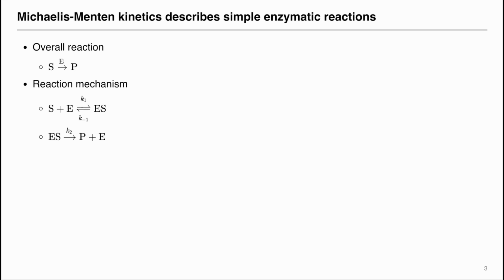We can generalize this by considering the simplest enzymatic reaction, where we have substrate S that goes to product P by the reaction with enzyme, which is the catalyst. So we have substrate goes to product with the aid of enzyme.